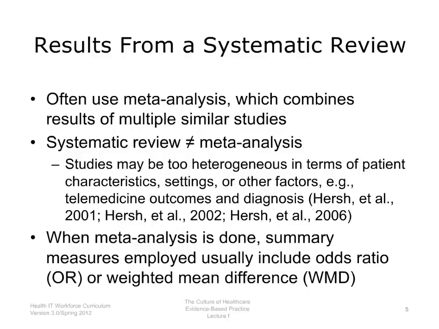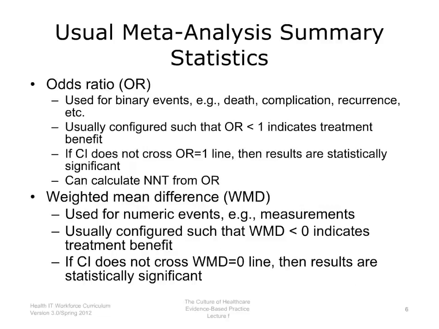When we do a meta-analysis, we use a summary measure that gives us an indication of the treatment effect. We use either the odds ratio or the weighted mean difference, which we will explain in the next slide. In discussing the meaning of summary statistics, the odds ratio is used for binary events.